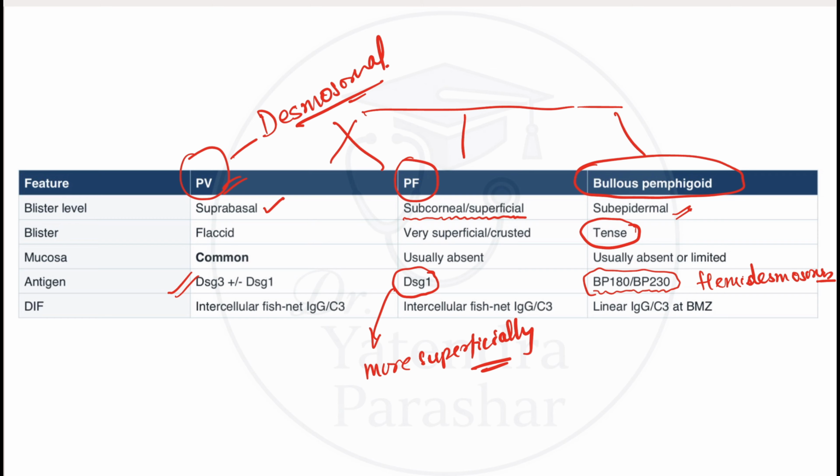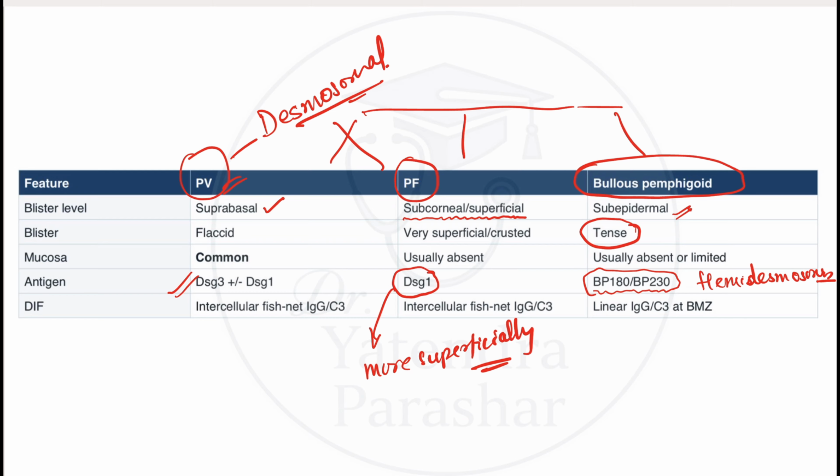Mucosa is commonly involved in cases of pemphigus vulgaris, and the mucosal involvement is usually absent in cases of pemphigus foliaceus, and also not seen in cases of bullous pemphigoid except in a few cases.